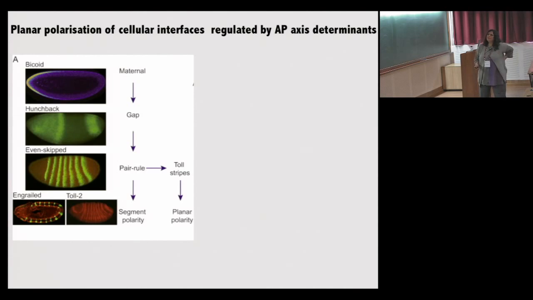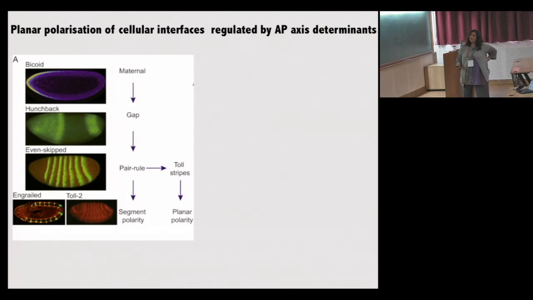One class of proteins that appears to be regulated by this segmentation gene network are a set of proteins that are called Toll. And if you remember, Toll is also the receptor that binds the ligand to initiate the dorsoventral patterning cascade.